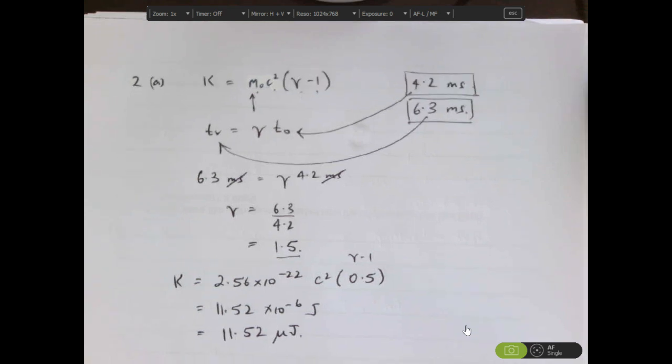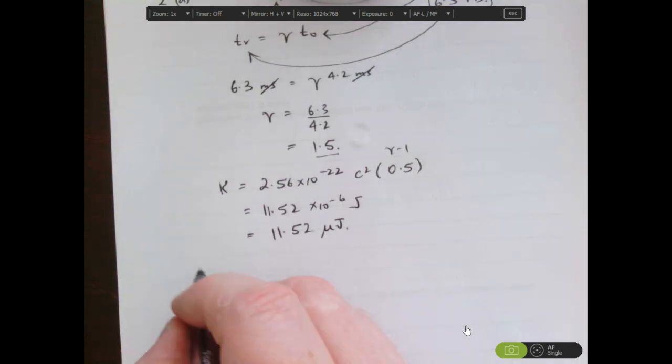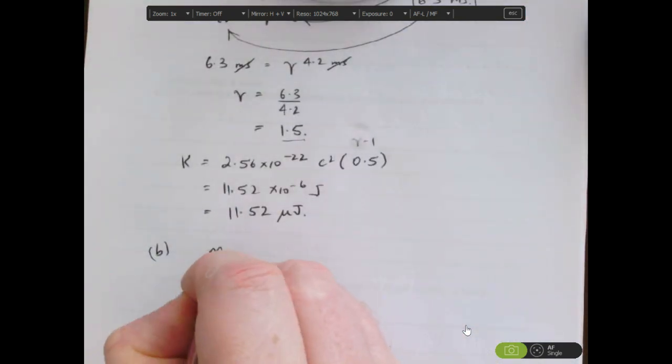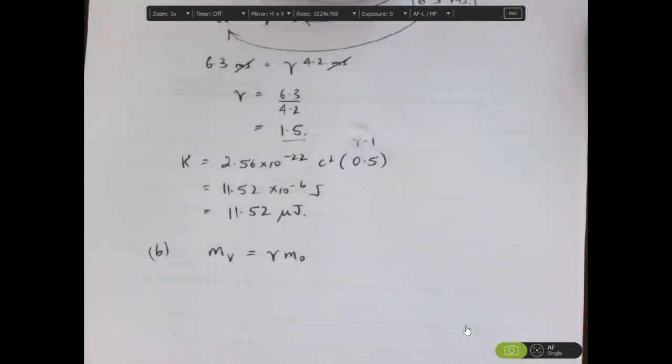The observed mass now for B. The mass at velocity would equal gamma times its original mass. Okay, so this is like the time dilation formula. All it's saying here is as we go faster, the observed measured mass appears to have more mass in it, by multiplying the gamma factor by its rest mass.